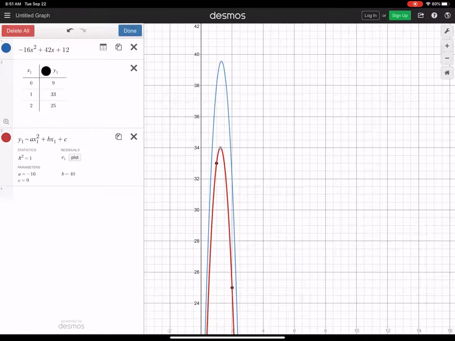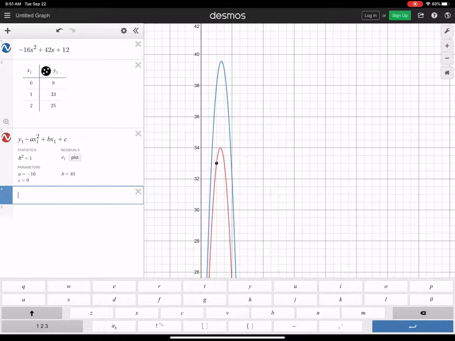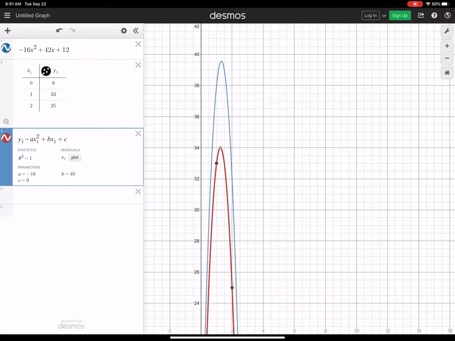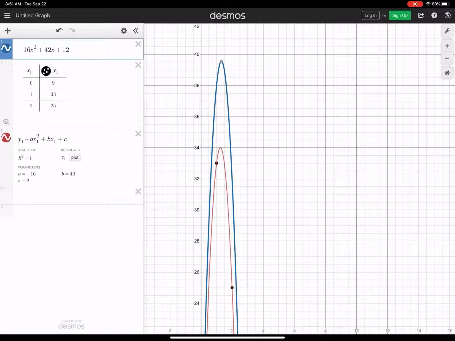All right, now what I want to do also is I need to change my color here so that makes it a little less confusing since they were both blue here. So I need to compare the heights of these two. So the height of my table is smaller, obviously. So the height of my function, the height of f of x, is 39.6 approximately.